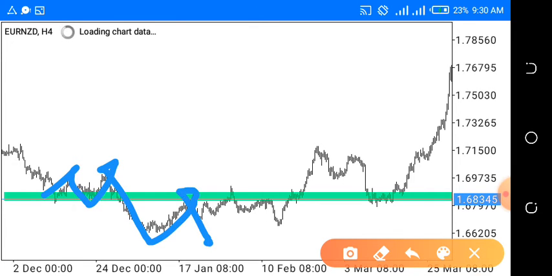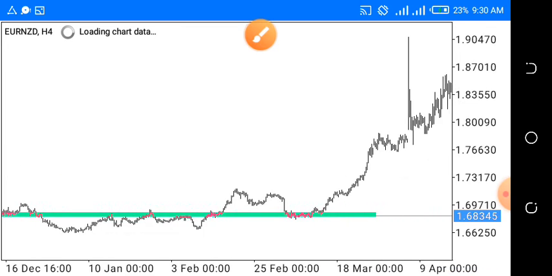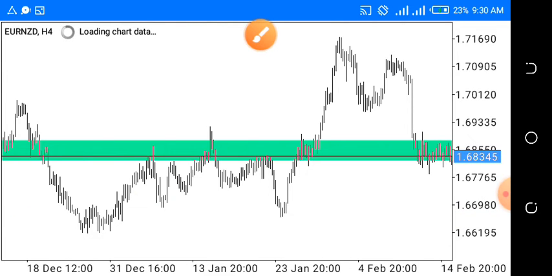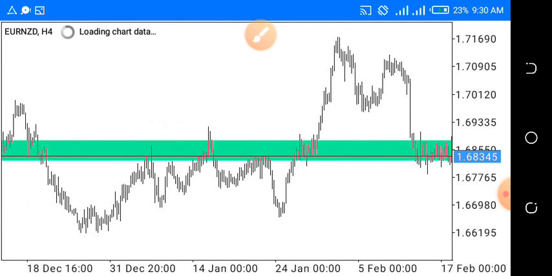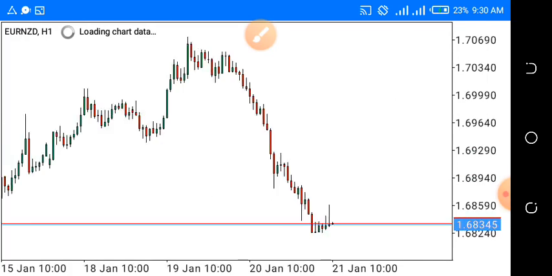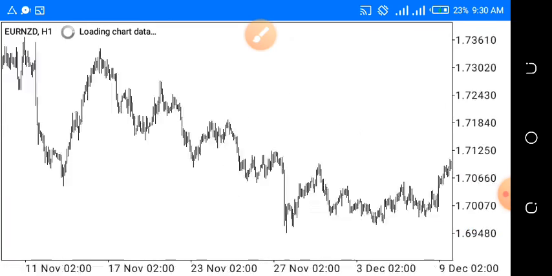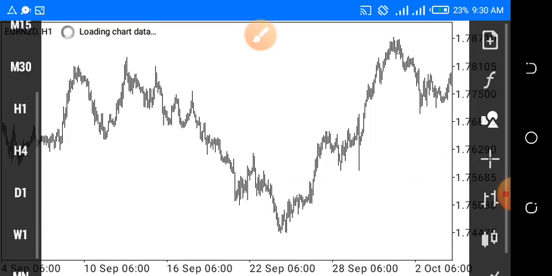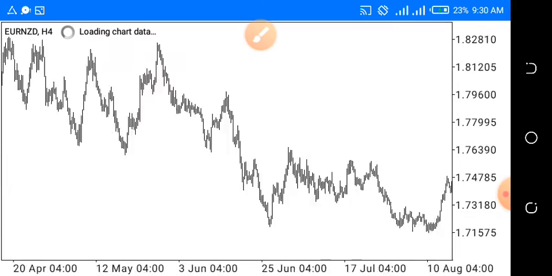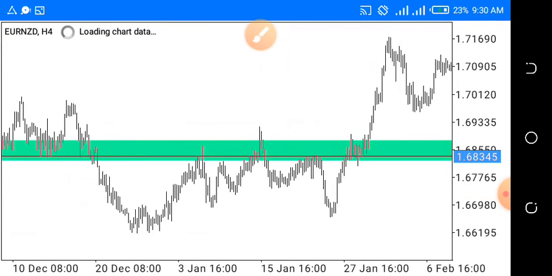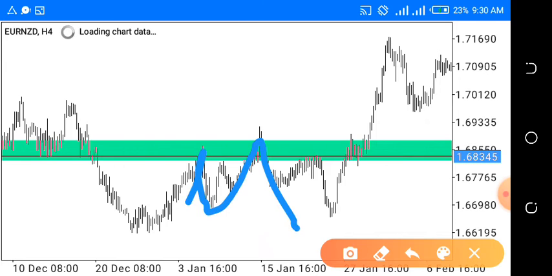You see that? So this is a resistance. If you check the H1, you still see that place was a resistance. So price bounced from it, sold, bounced from it again, sold, bounced from it again, sold, and finally broke above it and bought.